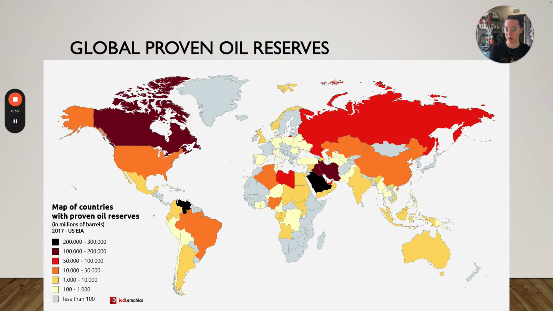per country. So the darker the color here indicates the proven oil reserves, with the dark being more and kind of going down to this yellow color being less.